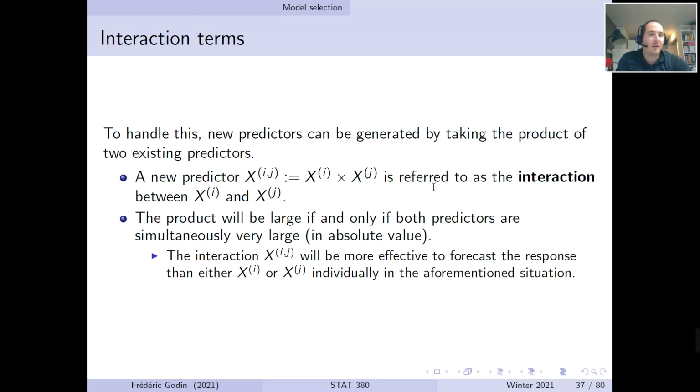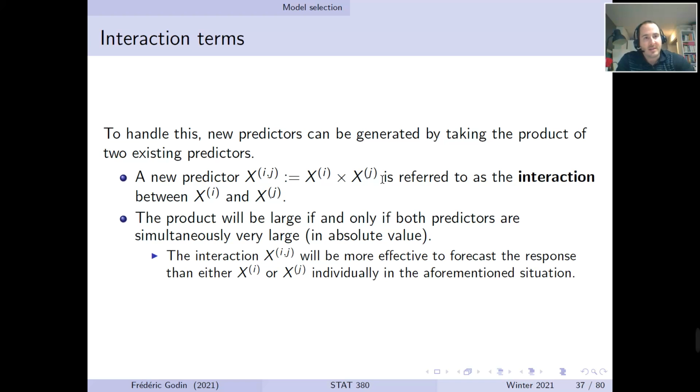For example, if you have predictors xi and xj, then you can define a new variable called xij, which you define as xi times xj. This creates a new variable within your data.